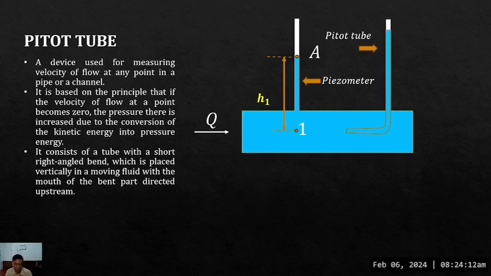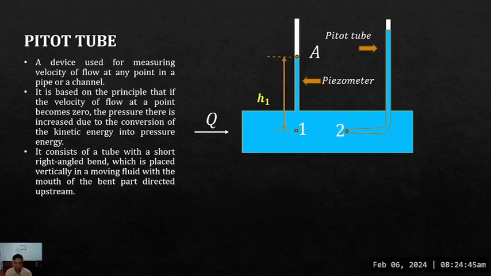And if you notice, yung kanyang head is slightly higher compared sa piezometer. So that is because dito sa pitot tube, nagkakaroon tayo ng stagnation point. So yung stagnation point, yan yung point 2 natin. Okay? So dyan sa point 2, yung velocity natin dyan is going to be 0.